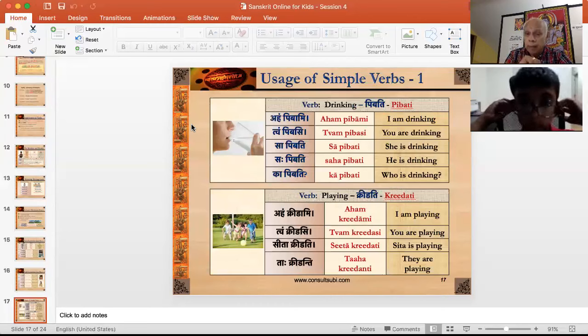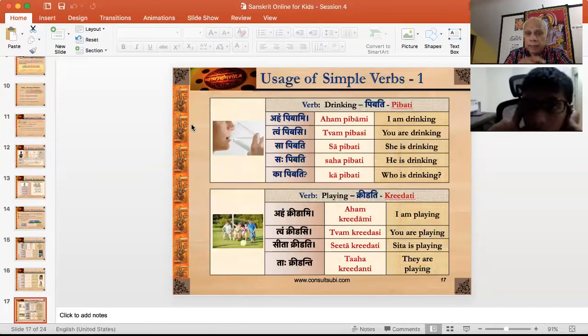Aham pibami means I am drinking. Tvam, not pibami, but pibasi. You are drinking. And if it is a girl or a lady, you say, Sa pibati. She is drinking. It becomes pibati, which means when you say pibati, you are referring to a lady or a girl.